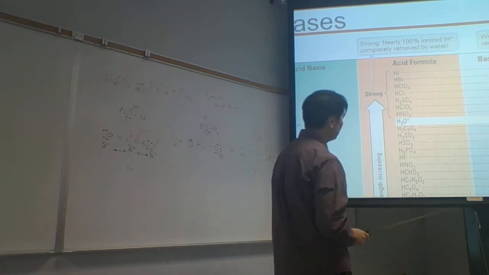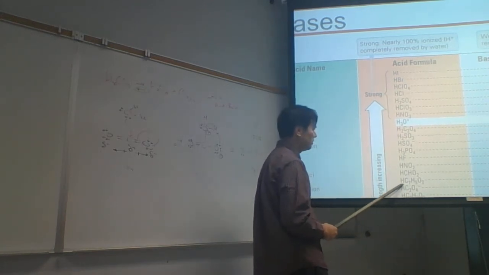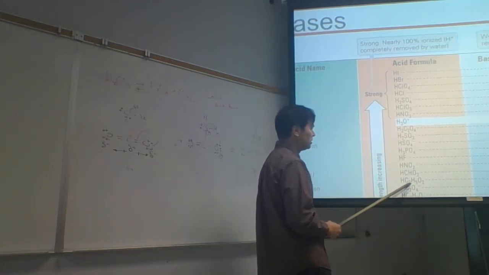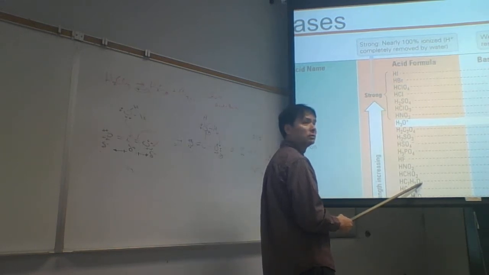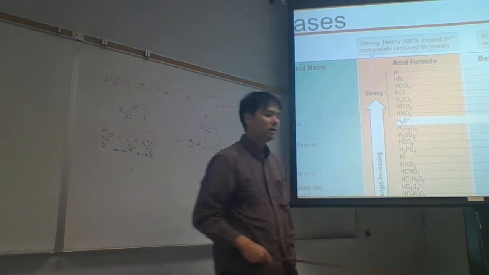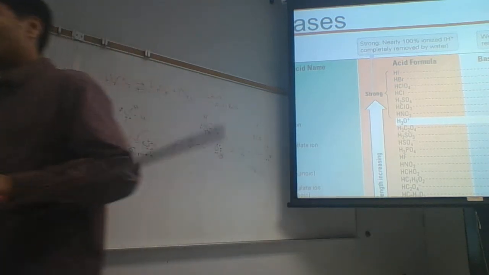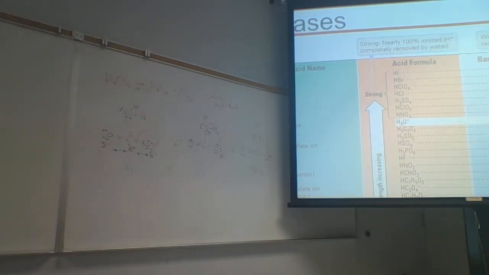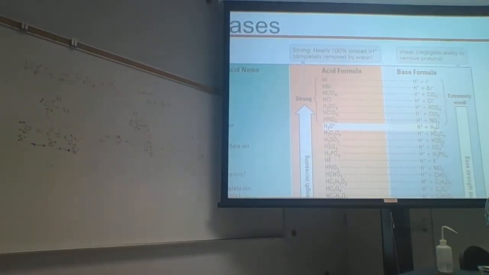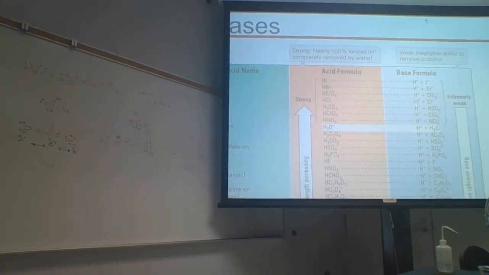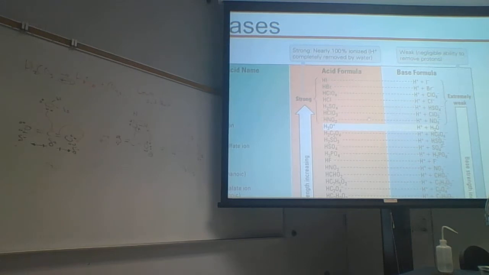And then if they encounter an acid they've never seen before, have you ever seen this acid before? HC7H5O2? Well, you've probably seen that acid before, but do you know what the name of that acid is? No. Well, let's take a look and see if we can find the name of this acid. HC7H5O2.